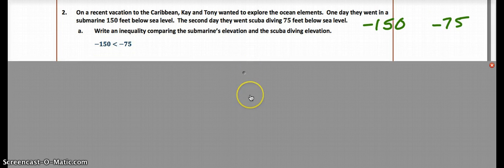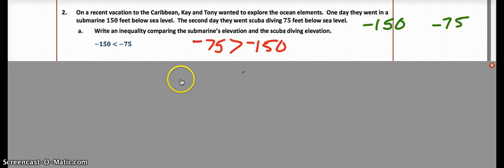One day was 150 feet below sea level, and the second day it was 75 feet below sea level. You need to write a correct inequality for that, which would be that -150 is less than -75. I would also say you could do -75 is greater than -150. I would think either one of those would be possible options.